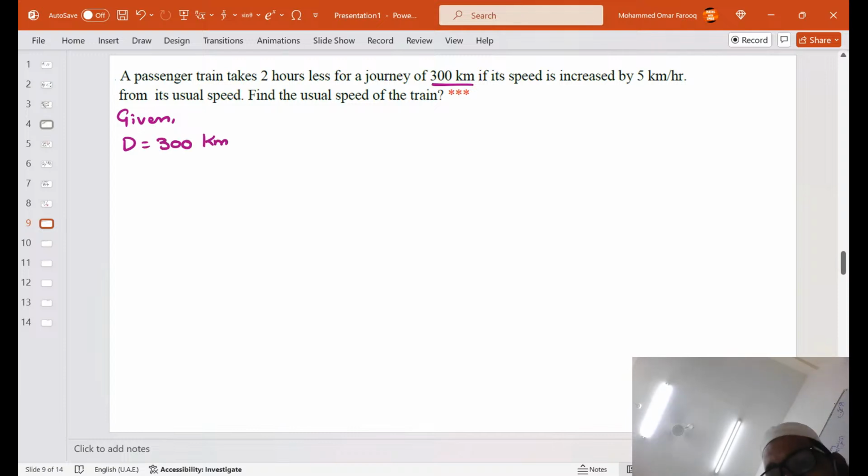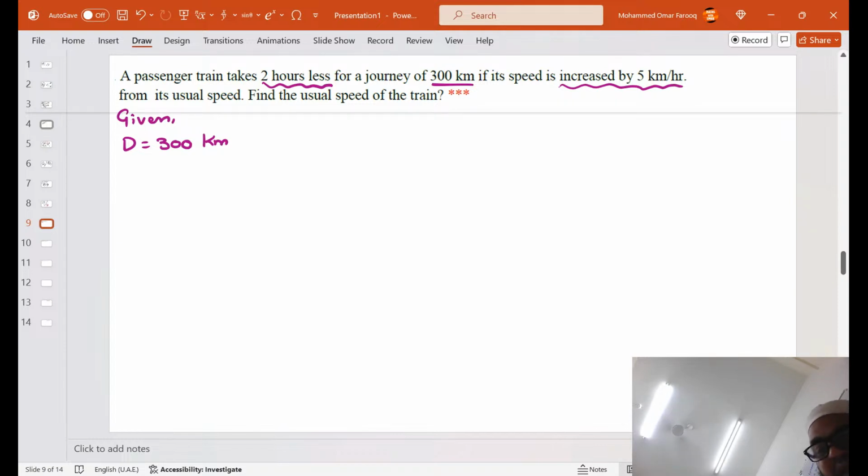Now, if its speed is increased by 5 kilometers per hour, the time will be 2 hours less. And now what does he ask? Find the usual speed of the train.